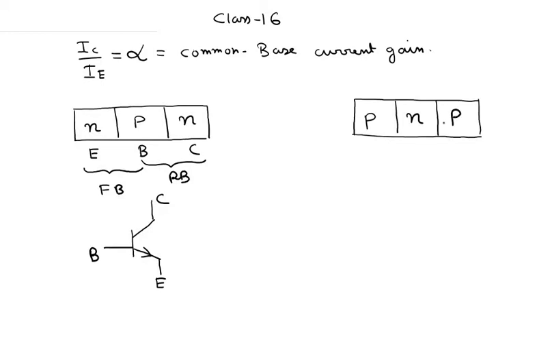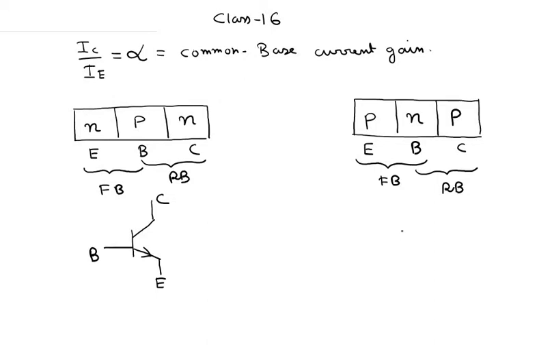This P is the emitter, this N type is the base, and the P type is the collector. Same as the previous case, the emitter is heavily doped, the base is lightly doped, and the collector is moderately doped. Again, the base to emitter junction is forward biased, and the base to collector junction is reverse biased.